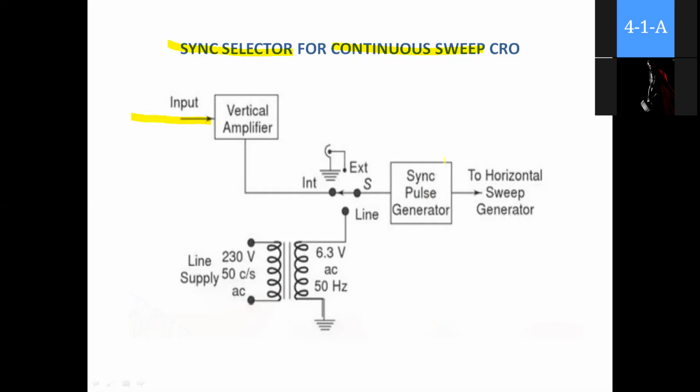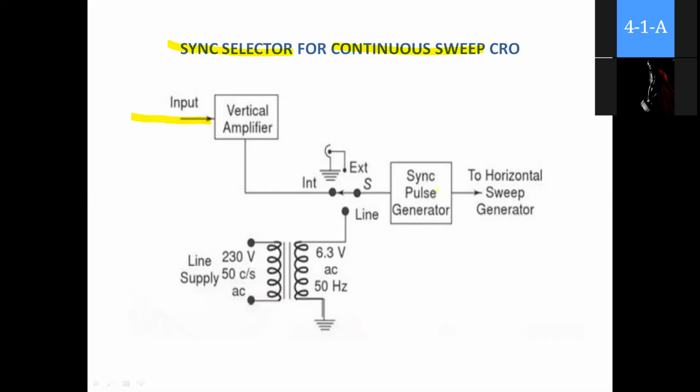What is the purpose of this sync pulse generator? To sync the input with the sweep generator signal. If the input signal is synchronized with the sweep generator signal, only then will we get a stationary, stable waveform on the screen.